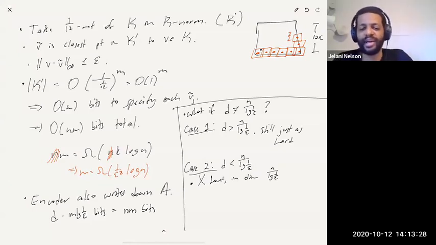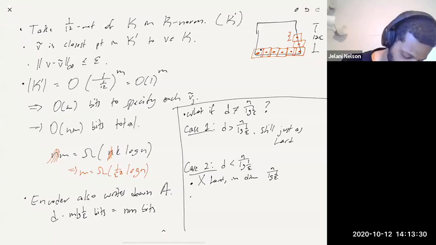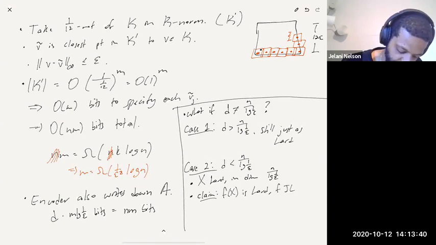Let's just apply JL to X. The claim is that f of X is hard, where f is a JL embedding. So f of X has dimension O of 1 over epsilon squared log N.